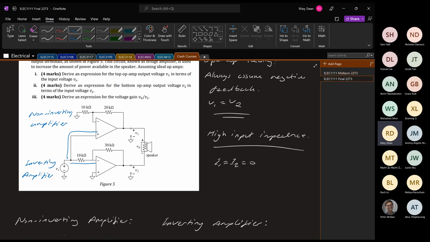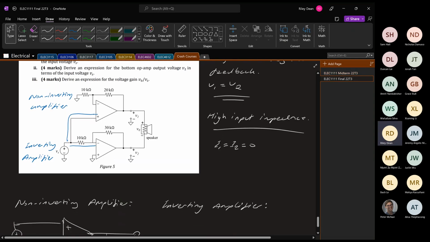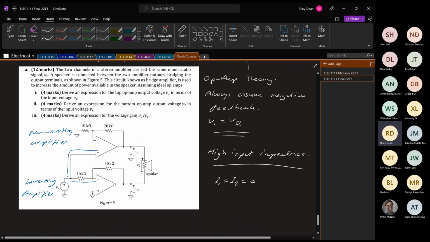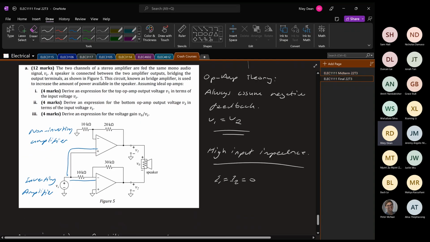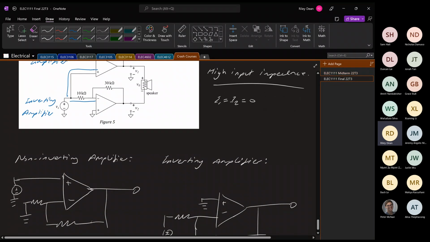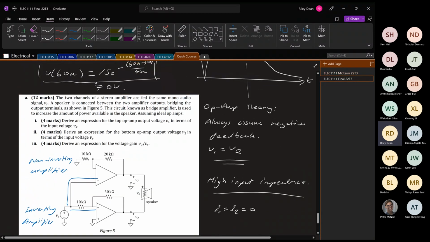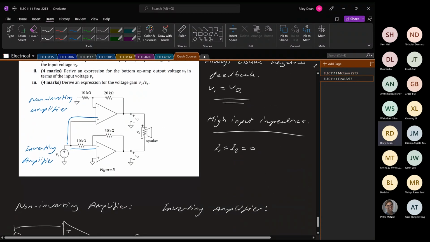Hence, it is an inverting amplifier. For us, this allows us to calculate the gain, and the gain is essentially our most important factor for these op-amps.